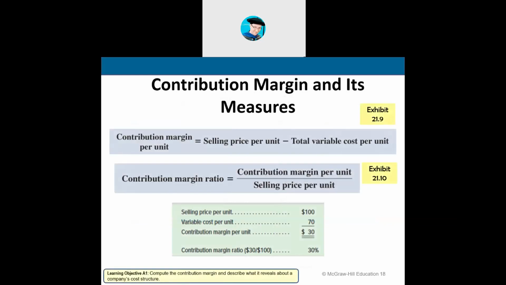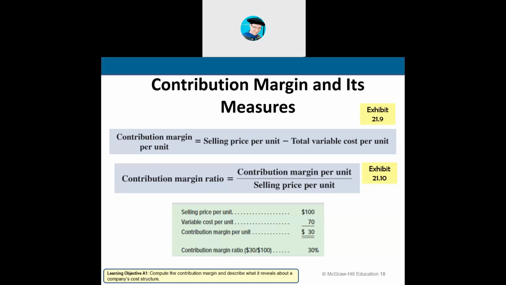So now that we have an understanding of cost behavior, we can begin the process of identifying how much we need to sell our products for in order to break even, and to also figure out how much profit per unit we can get.